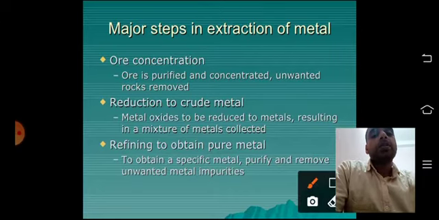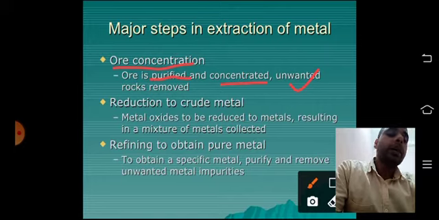You can see this one is ore concentration, in which the ore is purified and concentrated. Purified and concentrated means unwanted impurities, rocky particles, and gangue particles should be removed from the ore, and we remove them in this very first step, ore concentration.